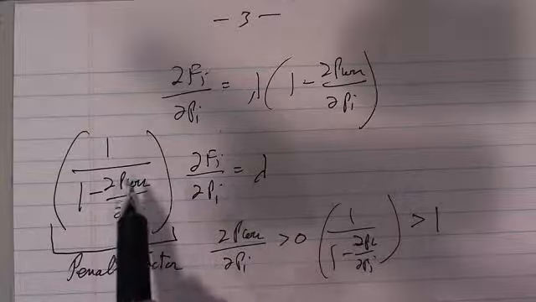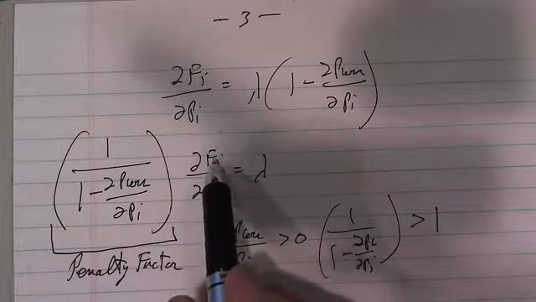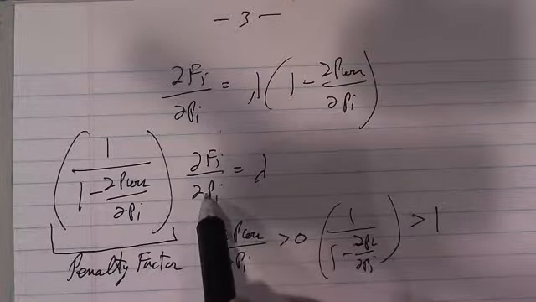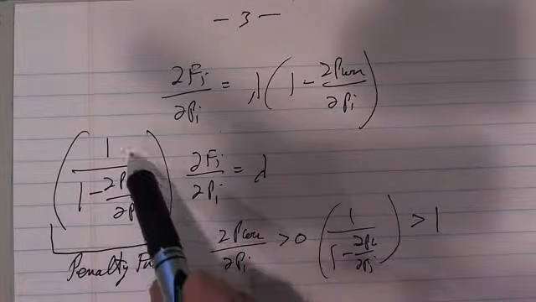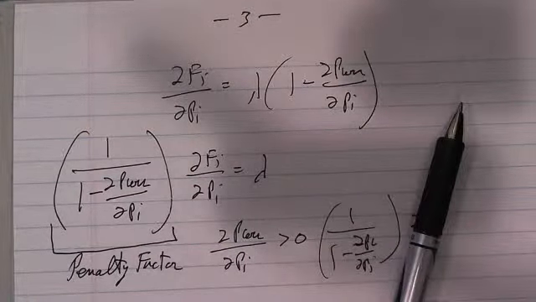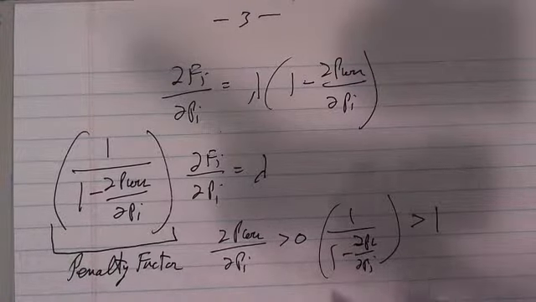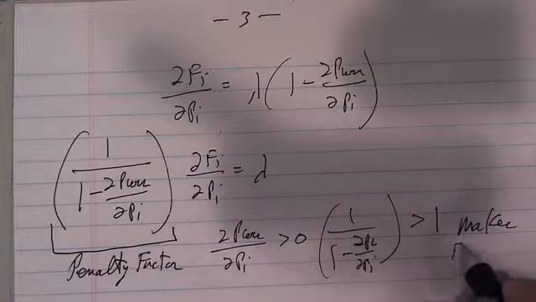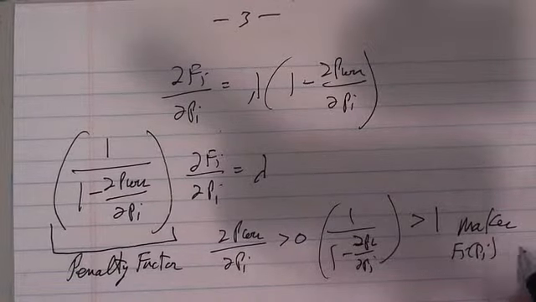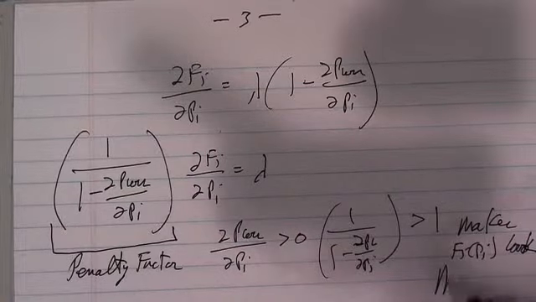Well, oh goody, I've got a cost function here, and it equals lambda, and now I am multiplying it by a number greater than 1. And what that does is it makes Fi of Pi look more expensive.